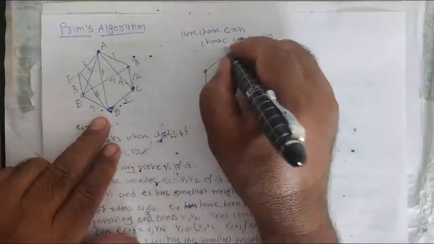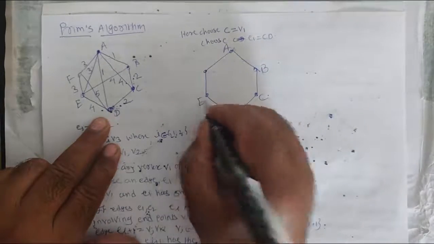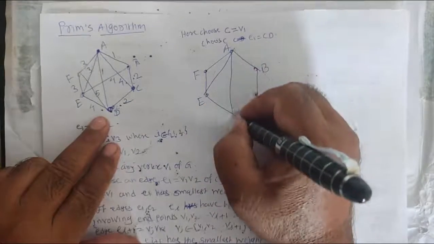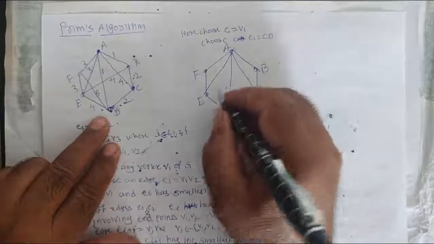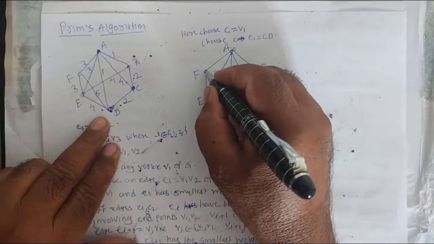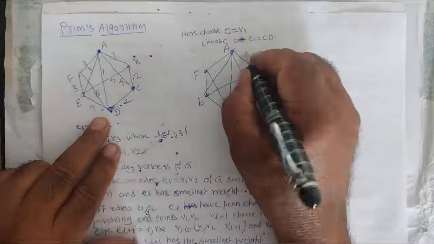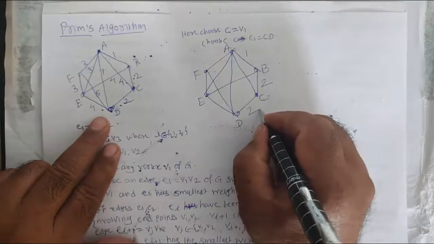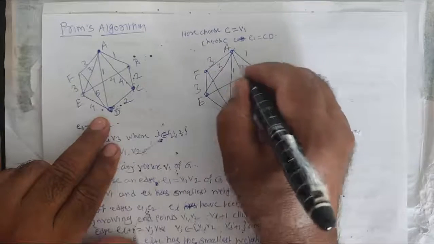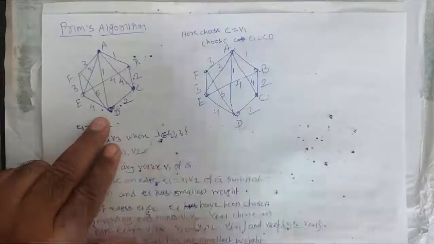A, B, C, D, E, F. The weights are one, two, two, four, three, three, three, one, four, four, five.